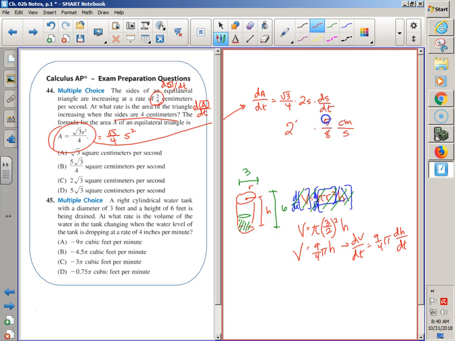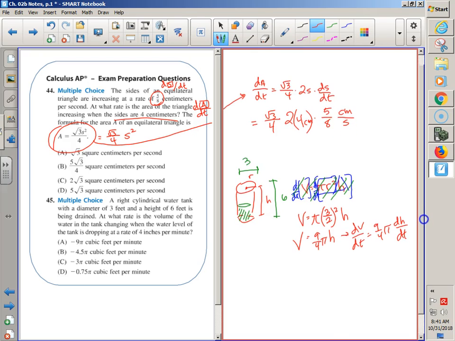And I have 2 times s. They said when s is 4 centimeters. I'm actually writing in the units for a very specific reason. Then they want me to find dA/dt. Oh, sweet. All we had to do is simplify. But everything's good because I have centimeters and centimeters. Figure out anything weird in number 45 that wasn't quite so nice?